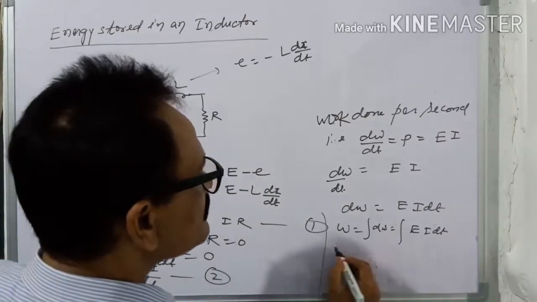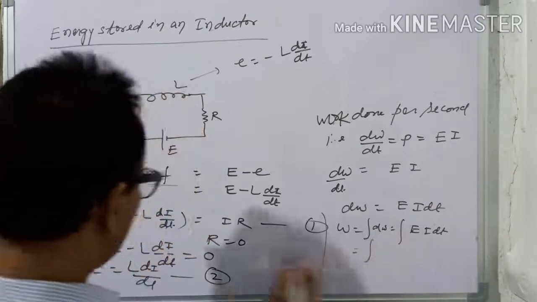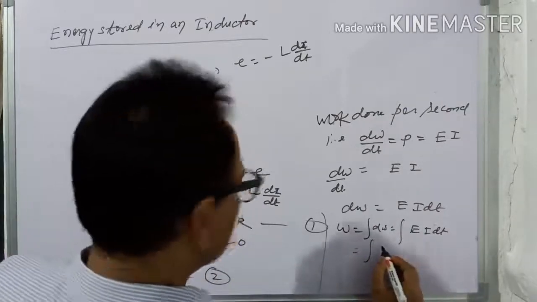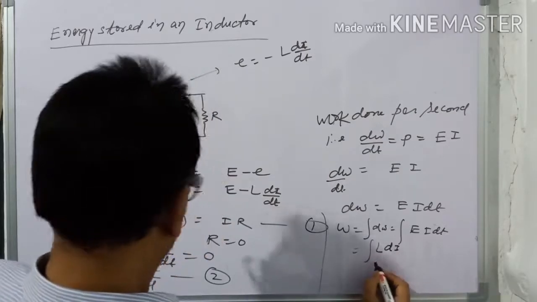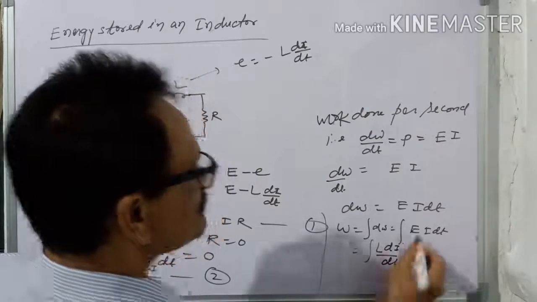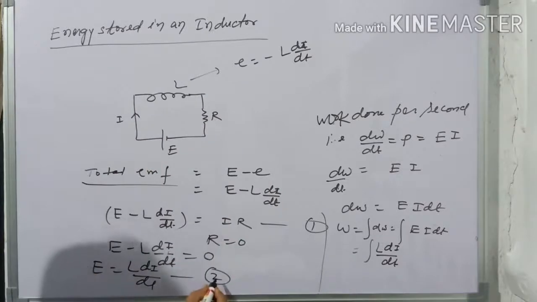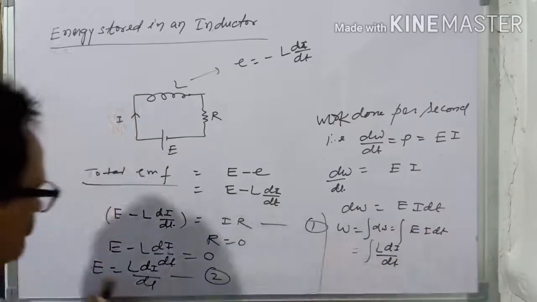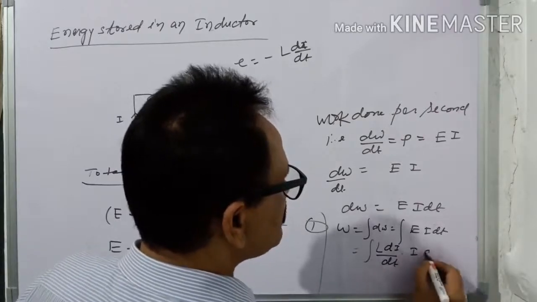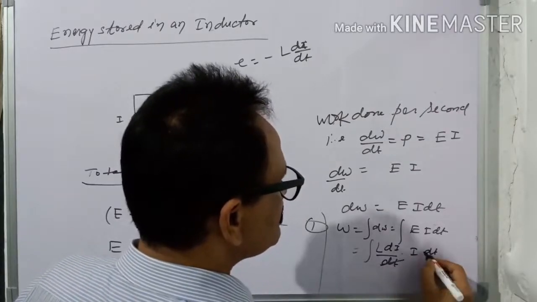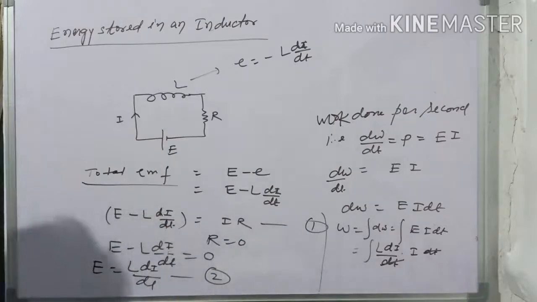Now, putting this value of E from relation 2, the value of E is L di by dt, and this is I dt, and dt will cancel.